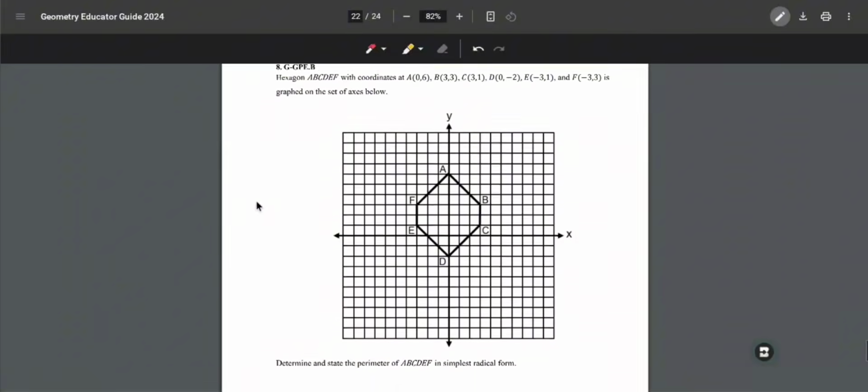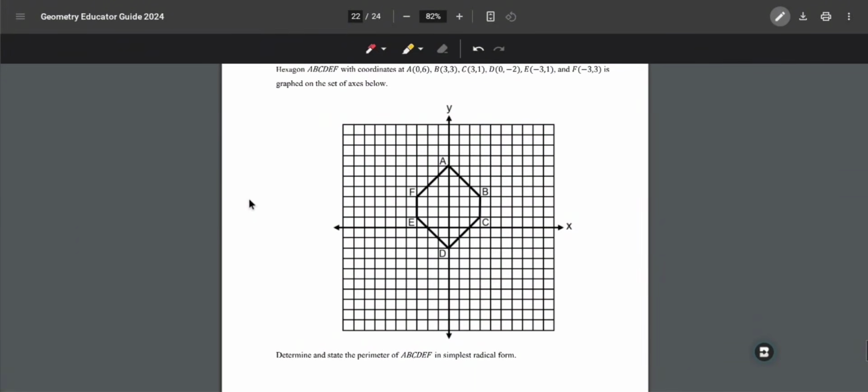Question number 8, and this is the last question that we're given. Hexagon ABCDEF with coordinates at A is (0, 6), B is (3, 3), C is (3, 1), D is (0, -2), E is (-3, 1), and F is (-3, 3) is graphed on a set of axes below. Determine and state the perimeter of hexagon ABCDEF in simplest radical form.